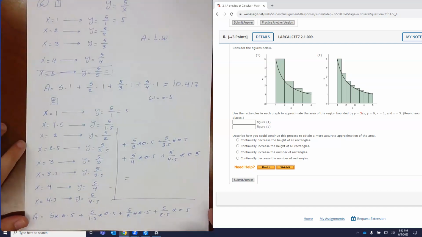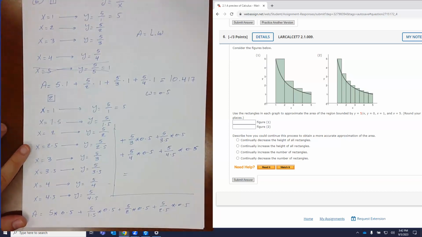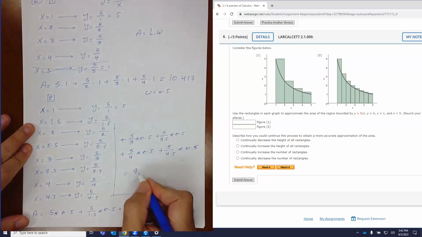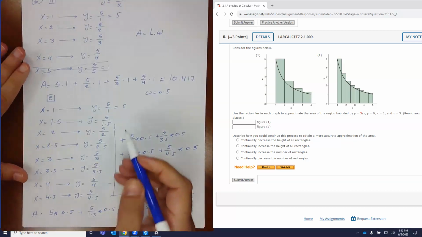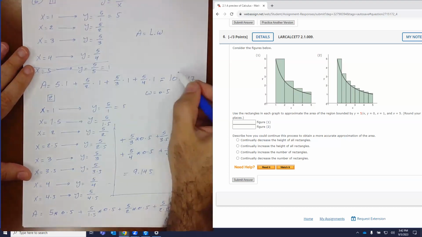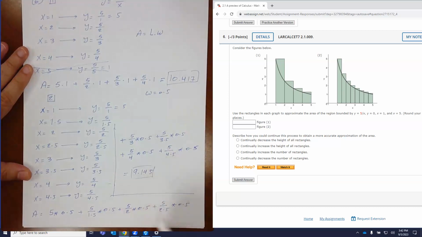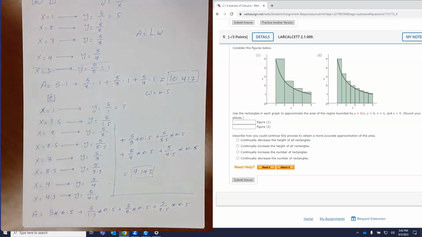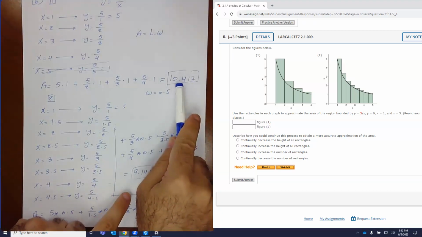And the result is going to be, let's see, 9.145. If you check the difference between the result from the first one, which is 10.417, and 9.145, the second one is more accurate than the first one.